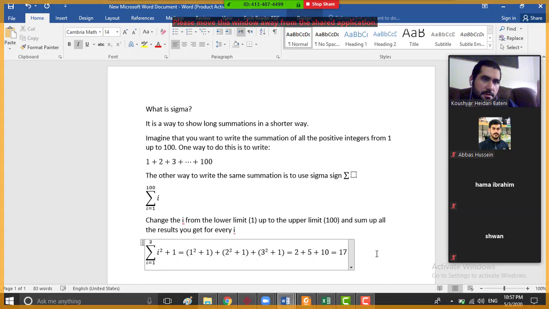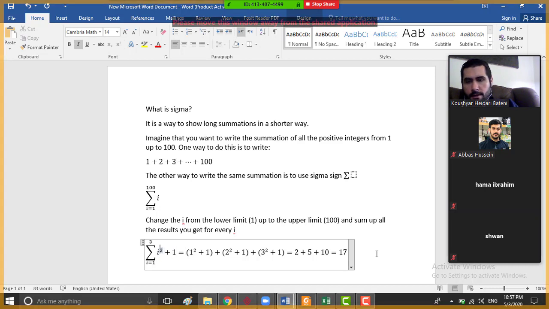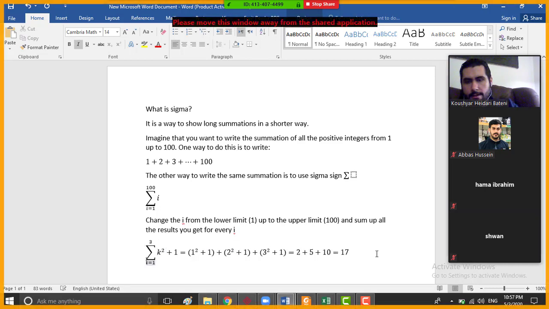The name of that variable doesn't have any significance. You can replace it with whatever you want. So if here instead of i I had k, and k changed from 1 to 3, the result of the sigma would still be the same.